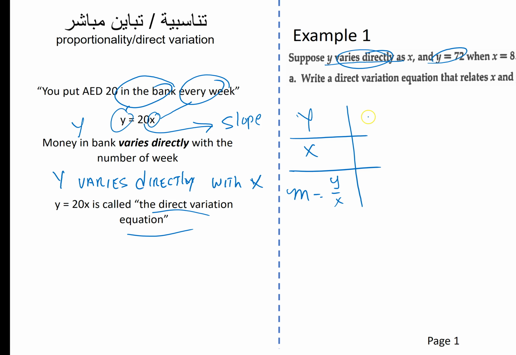Well, our y was 72 and our x was 8. So our slope must be 72 divided by 8, which is 9. So our equation is y equals slope times x. Our equation must be y equals 9x.